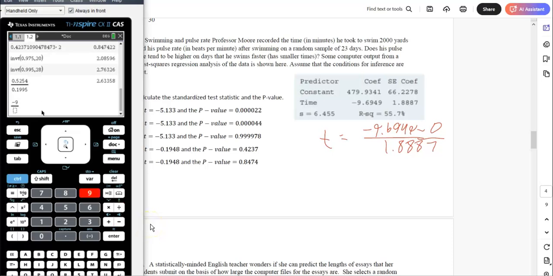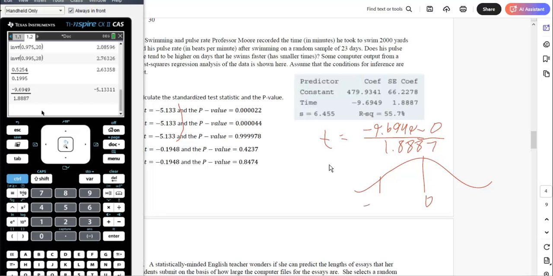So let's get that first. So negative 9.6949 over 1.8887. So negative 5, so it's one of these guys. And then if you've got zeros here, negative 5.133. So we're shading this way, I would think.